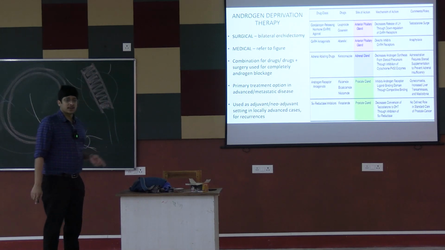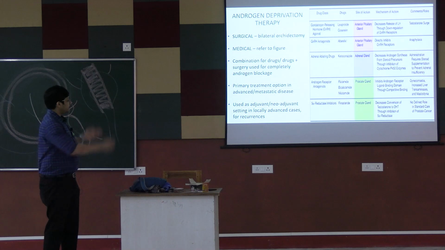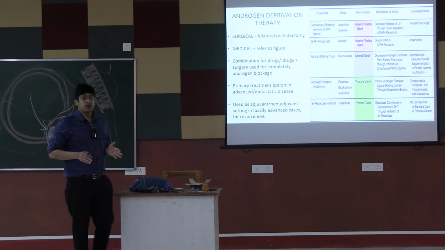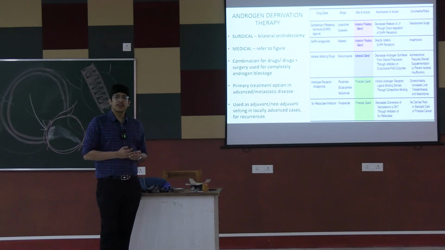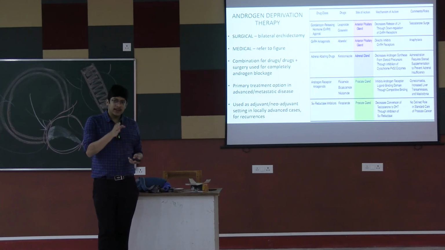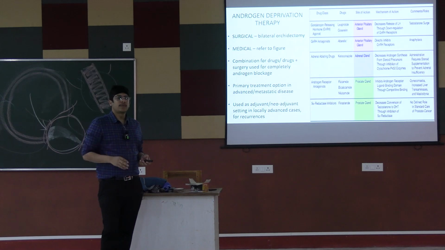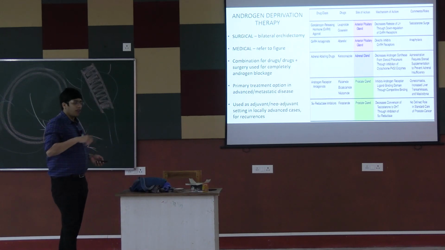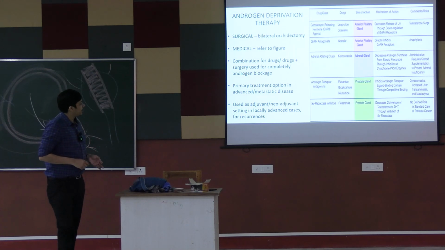Please go through these drugs, these are important. How do they work? It causes a temporary medical castration. As long as we are using the drugs, till then the results are similar as castration. Okay, and then we give a combination of androgen deprivation drugs, so on and so forth.